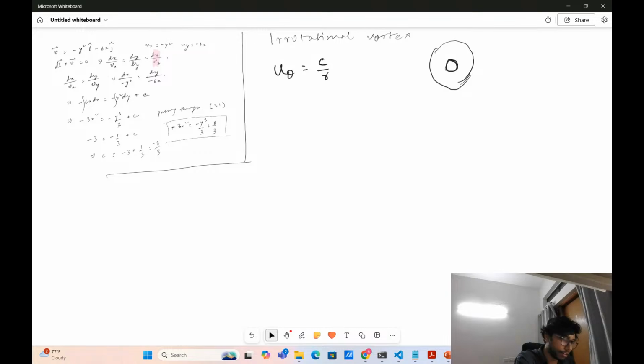You are rotating this inside cylinder such that the fluid around it also gets dragged with the cylinder. As you go further and further out, the velocity of the fluid keeps decreasing, compared to the fluid near the cylinder, which rotates with a much faster velocity. So this can be visualized with the function u theta equals c by r.